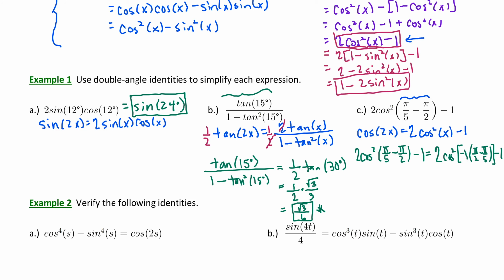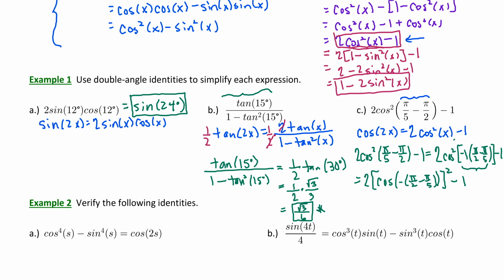Now, recall when you have a negative argument for cosine, we can simplify that with an even identity. Now, I want to be really clear about the order of operations here. So what I'm going to do is show you that the cosine squared really means the entire cosine function squared, right? So I can think of that square as being on the outside of the cosine function.